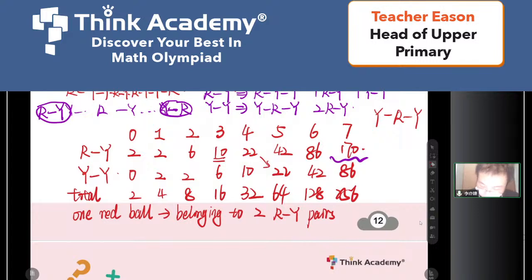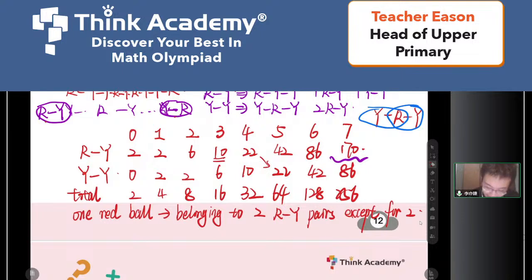So 1 red ball belongs to 2 red-yellow pairs, except for these 2, right? For top and bottom. The top and bottom red only belong to 1 red-yellow, and those reds in the middle belong to 2 red-yellow pairs.